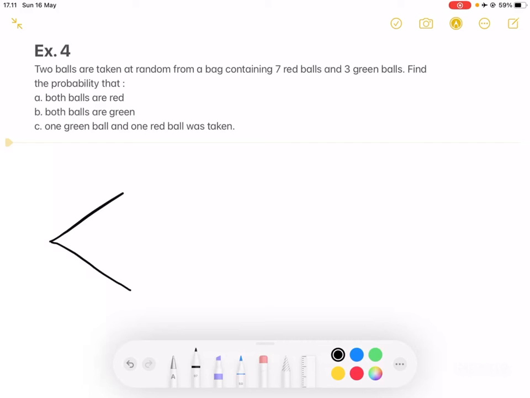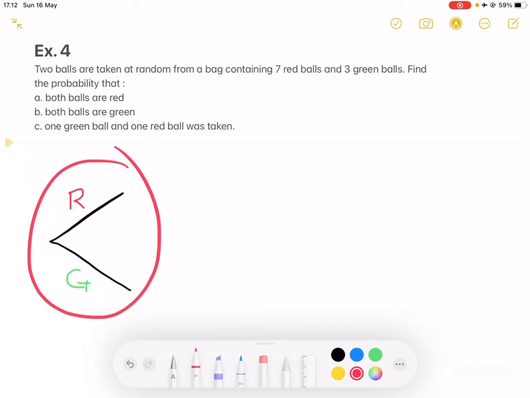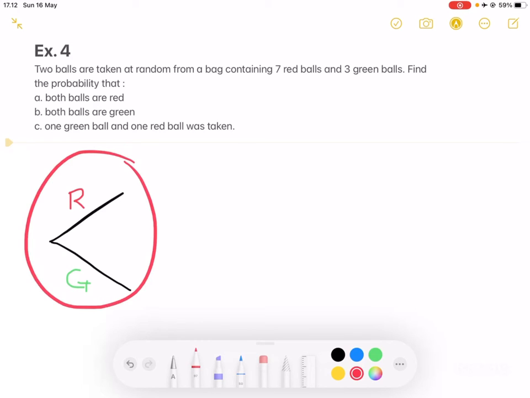Let's label this first branch to be the event of taking a red ball for the first ball, and here we'll be taking the green ball for the first ball. So the branches here will represent the probability for the color of the first ball taken.